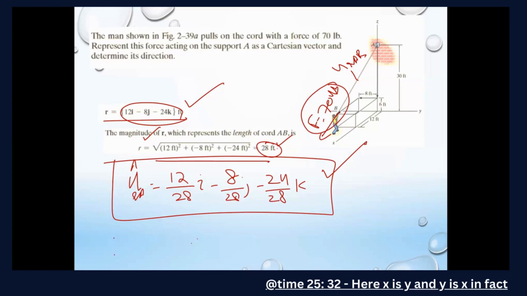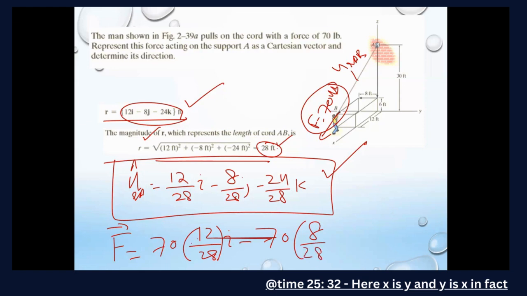So the force vector is 70 multiplied by 12 over 28 i, minus 70 multiplied by 8 over 28 j, minus 70 multiplied by 24 over 28 k. I just multiplied by the magnitude 70. When you solve this, this is now the force vector.